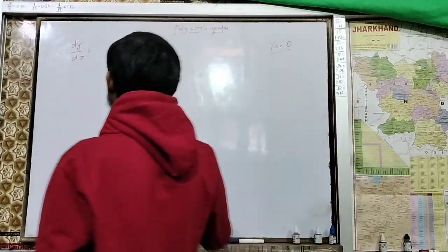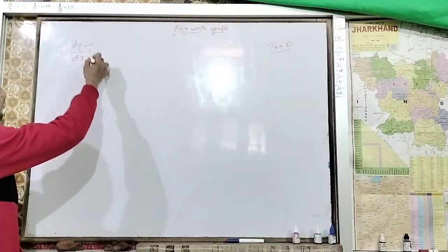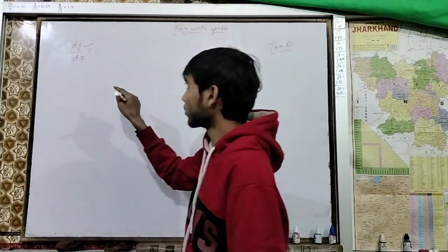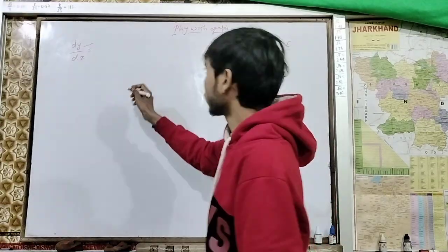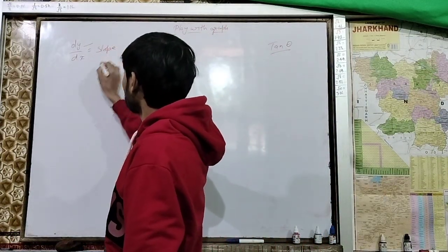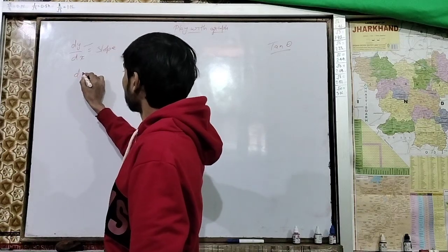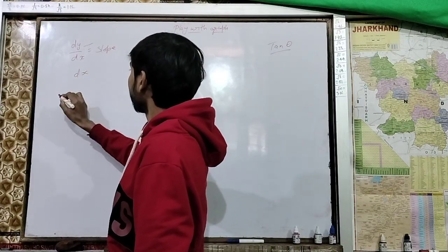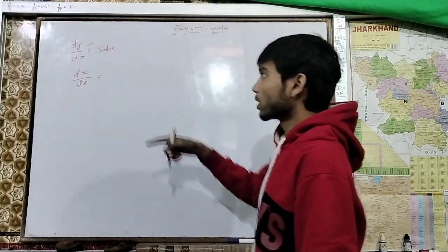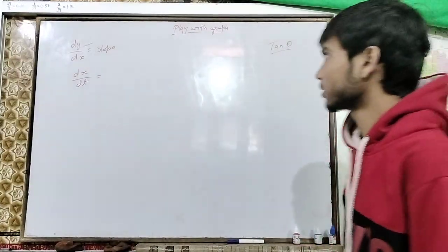As I said, when you replace this y by x, and this x in the denominator by t, this is your slope. So dx upon dt will give you nothing but velocity.